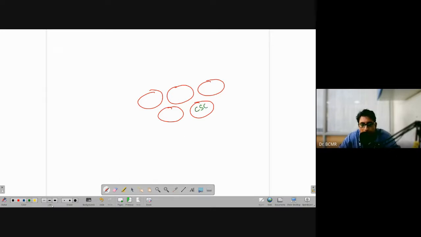And each of them have their own cell surface markers. Say, for example, I'll put cell surface markers CD44 and 133. We have cell surface marker 133 in other cells. Some cells have 44 alone, some cells have 44 and 133.